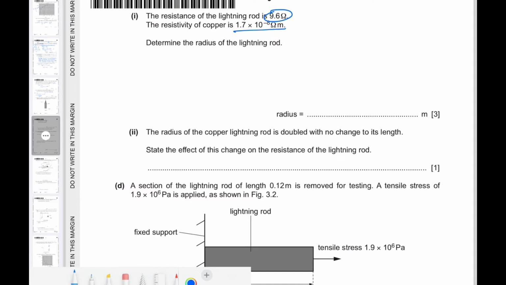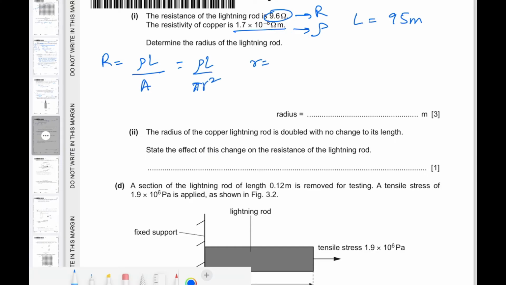We are given the resistance, the resistivity, as well as the length of the rod, which is 95 meters, and this should remind you of the formula. Resistance is equal to resistivity multiplied by length divided by cross-sectional area for a conductor like copper itself, and cross-sectional area is equal to pi r squared.